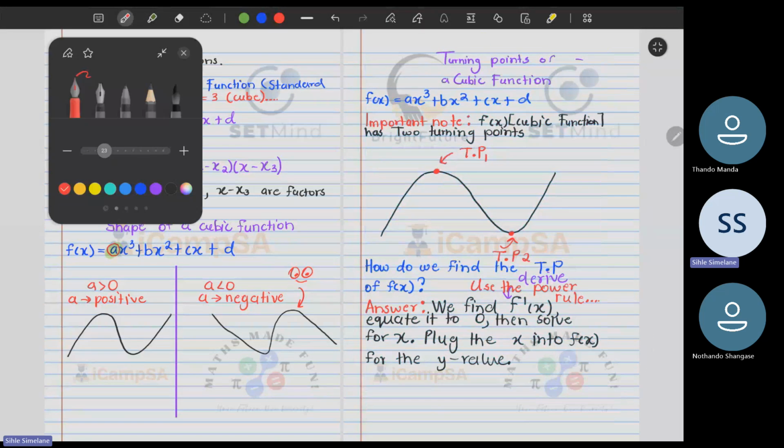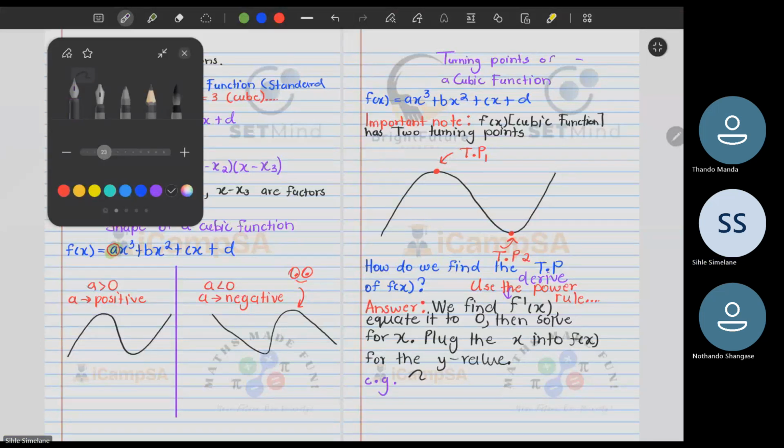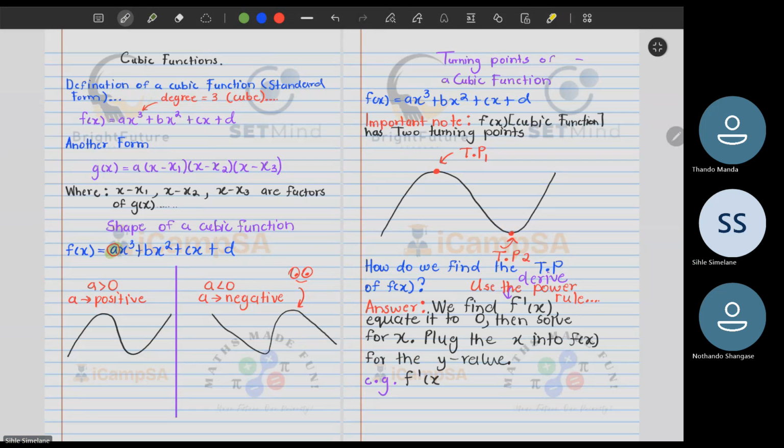So for example, if you look at the f of x we are given above, if we're looking for f prime or f dash, which is the derivative, the 3 will multiply down so that we have 3a x. Then we minus 1 from the 3, meaning we are left with a 2. So we have x squared.